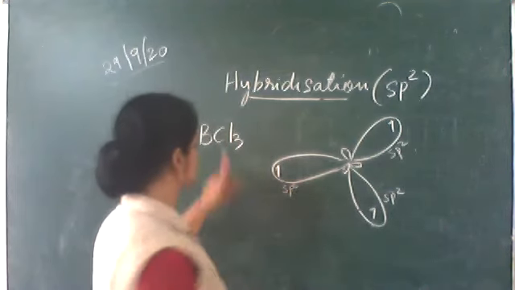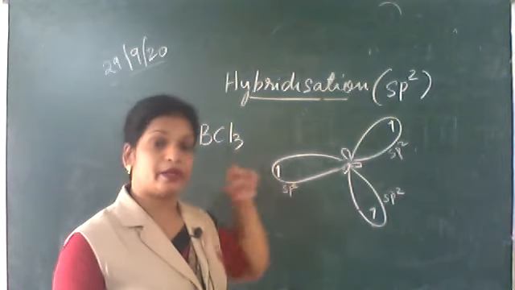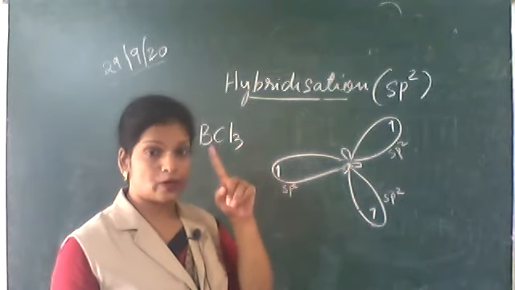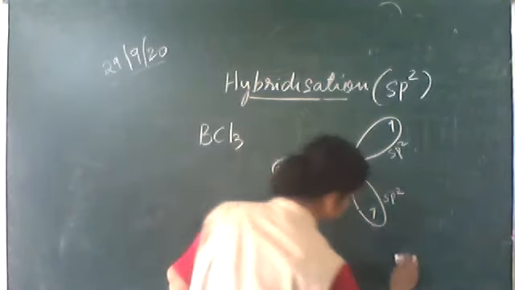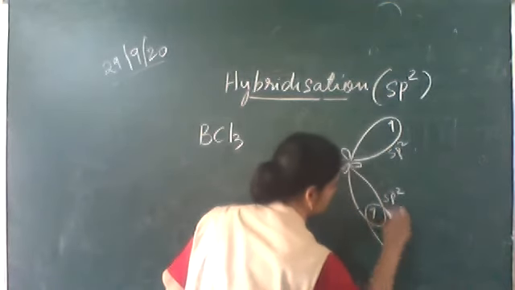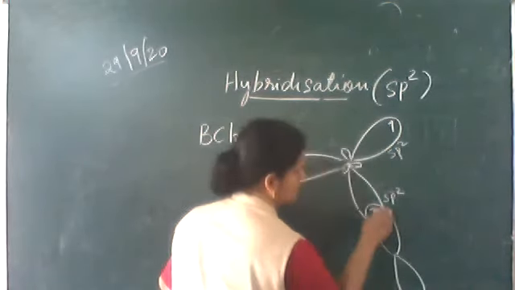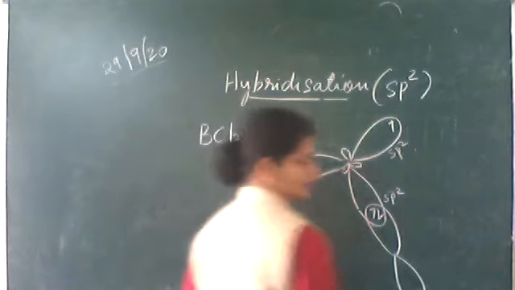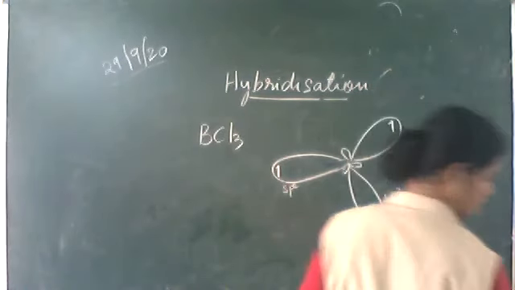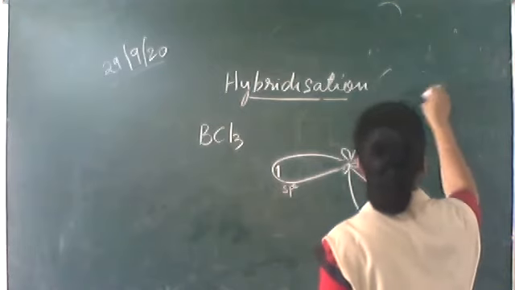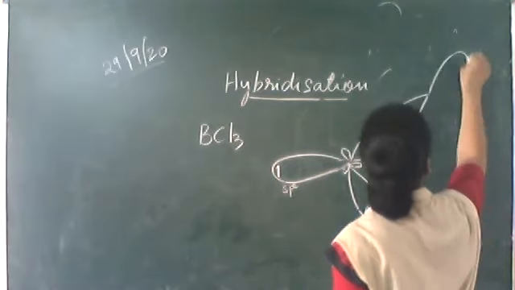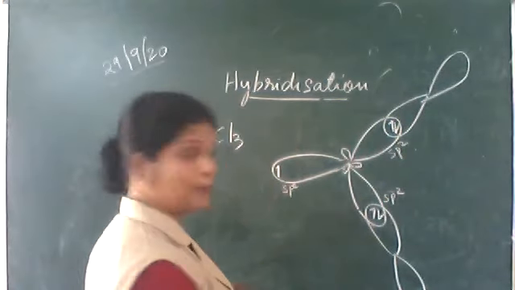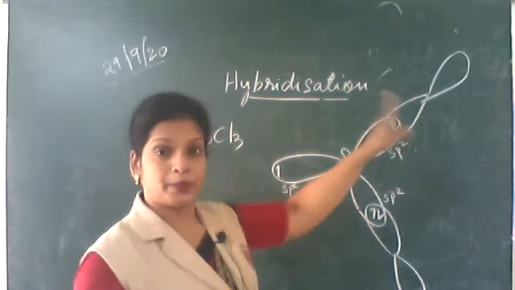Now look at this Cl3. Each chlorine is having that 3pz orbital, p with 1 electron. So that will be making a bond like this. One covalent bond will be formed, and here that overlapping, sp2-p overlapping.